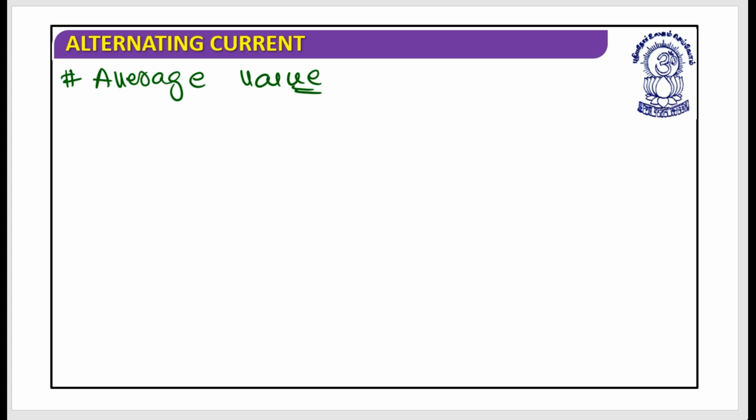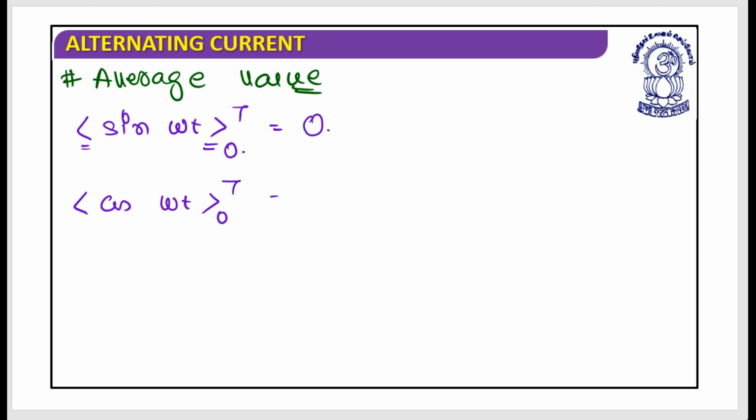So we are going to remember certain average values. This is the symbol of an average. If I take the average of the sine omega t function from 0 to t, a complete cycle, it's 0. If I take the average of cos omega t from 0 to t, it's again 0.